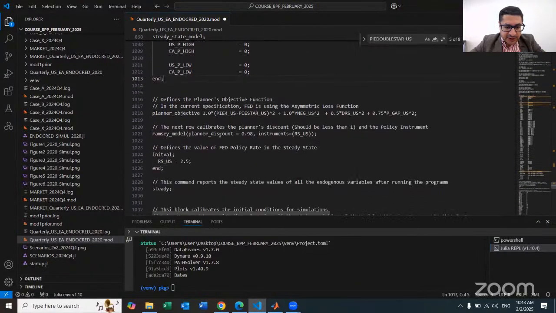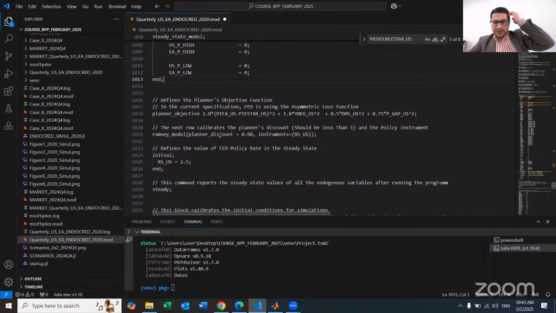Next, we are defining the loss function, or the block of the US Fed. So we are choosing the loss function here. To do that, after this steady state model block, you write planner_objective.